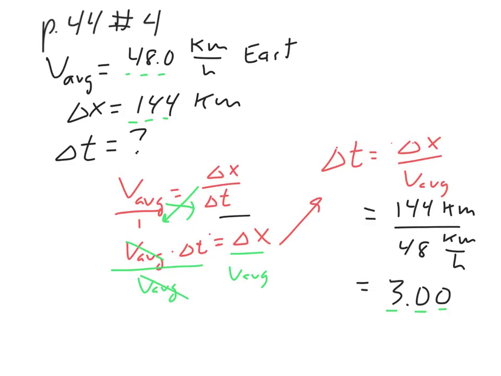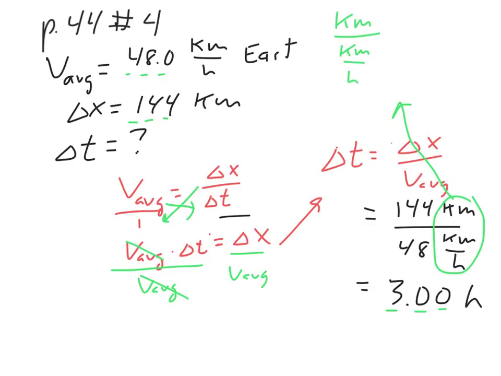Okay, now looking at what's going on with the units here, we have kilometers divided by kilometers per hour. And so the kilometers are going to cancel out, and the hours is going to be here. So if you want to understand these units a little bit more clearly, let's take a look at a little thing up here on the side. Kilometers divided by kilometers per hour.